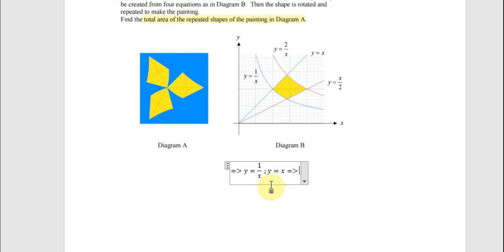So we will replace the s with the y, so y equals 1 over y. Later we move 1 over y to the left, then multiply both sides by y.